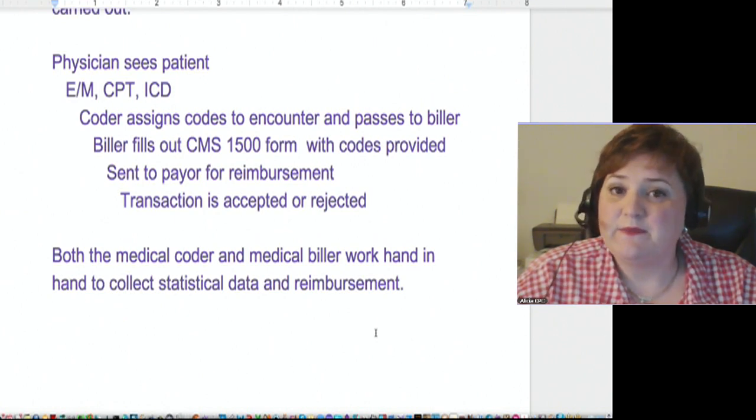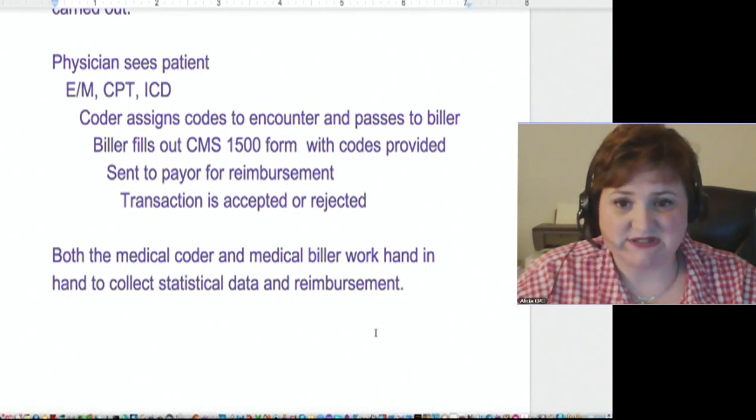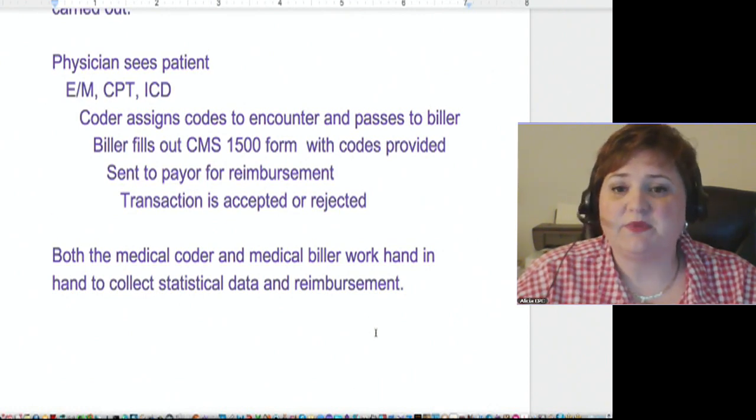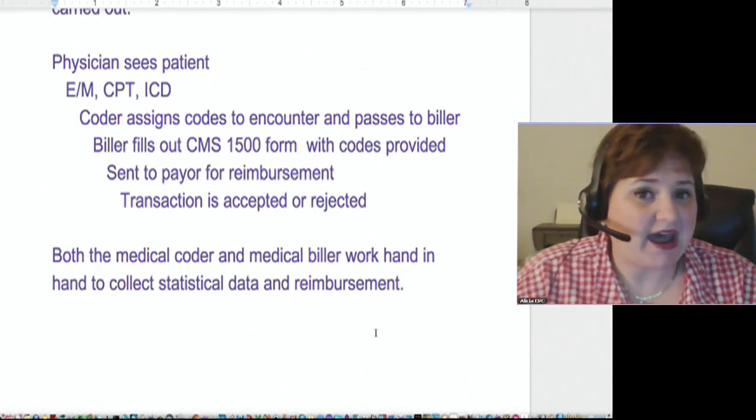But people also forget that it's done for statistical purposes. Not so much the biller, but coding was initially done for statistical data.